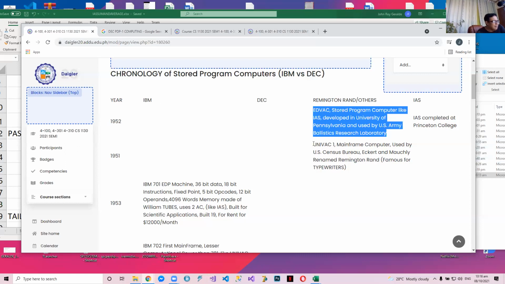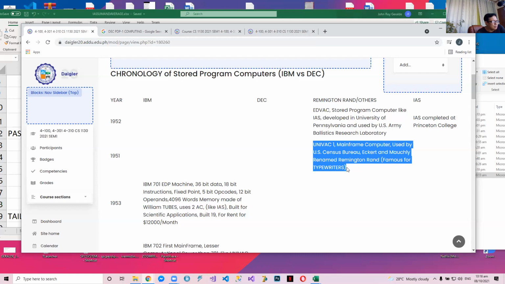Then in 1951, UNIVAC 1 came about at just about the same time. UNIVAC 1 was also from Eckert and Mauchly, which was renamed at this time Remington Rand, and sometime later Sperry Rand, because Remington Rand bought the patents of Eckert and Mauchly, and then Sperry merged with Rand, so it became Sperry Rand.